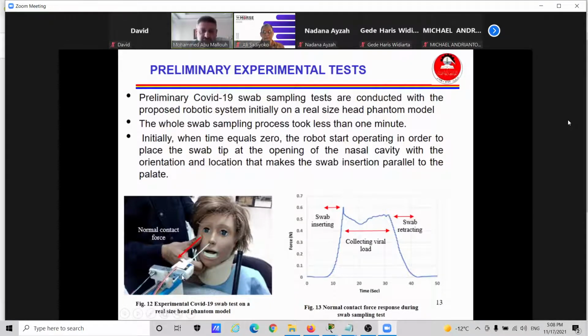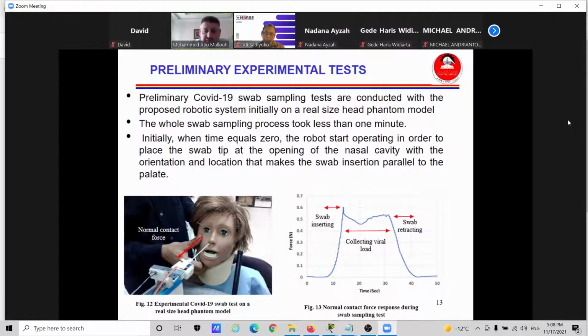So first, the operator moves the swab and brings it close to the opening of the nose at the 70 degrees angle, as I mentioned, which this head holder helps us to get. And then the end effector's role comes, where it starts inserting the swab. And here we see that the force increases until it has this peak, which is about 0.6 Newton, which represents that the swab reached the final destination.